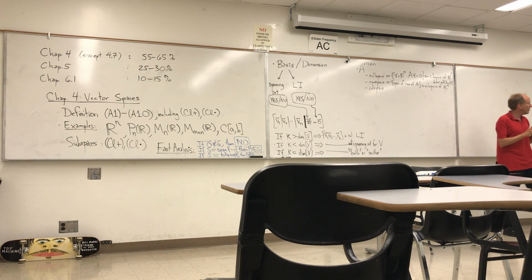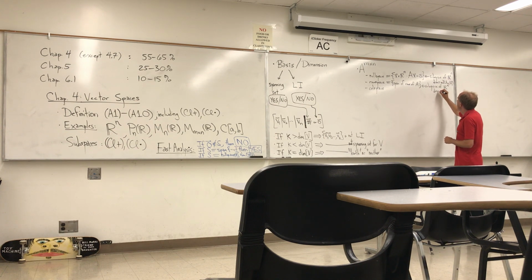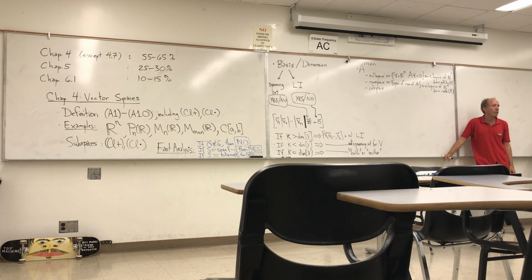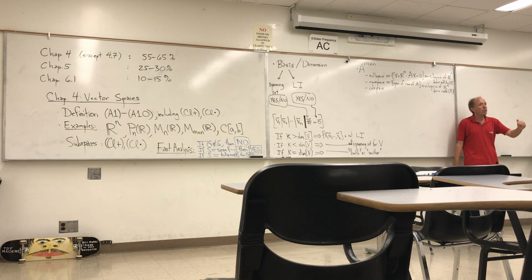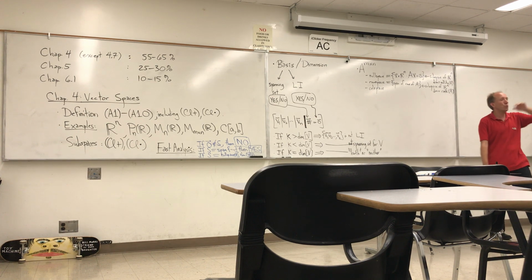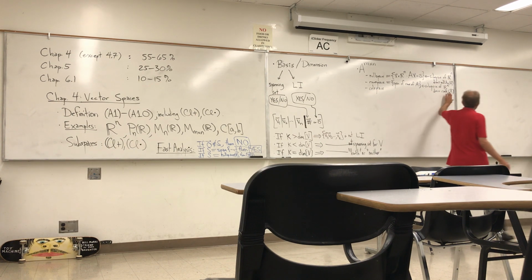And the dimension of this one is what we usually call the rank of the matrix. So the rank of the matrix is just the number of pivots, because remember that the basis for the row space is just the pivoted rows of the row echelon form. So how many vectors is that going to be? It's going to be the number of pivots. So that's the rank of the matrix.